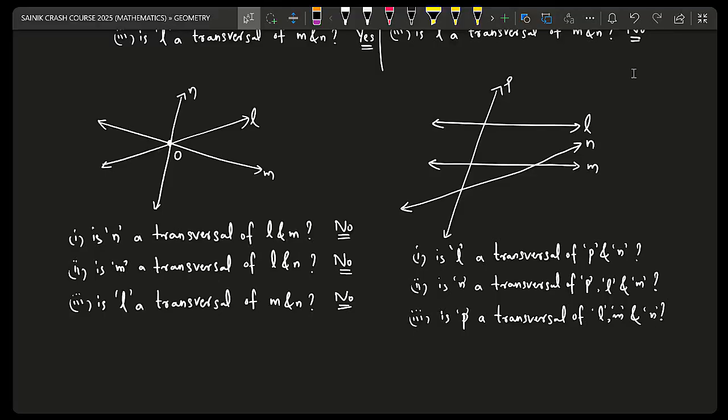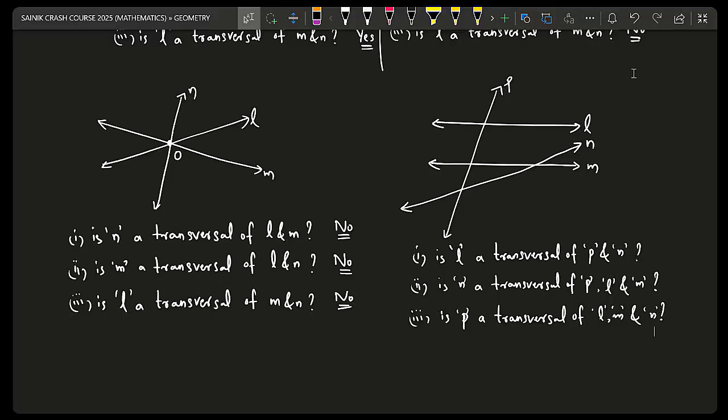L is intersecting N. Do you think they are line segments or lines? Sir, line segments. No, lines. The arrow mark indicates that it is extending infinitely, right? Yes, sir. After extension, are they going to intersect or not, L and N? Sir, yes, sir.